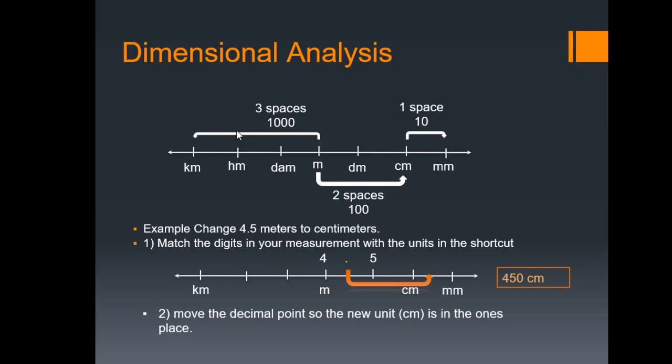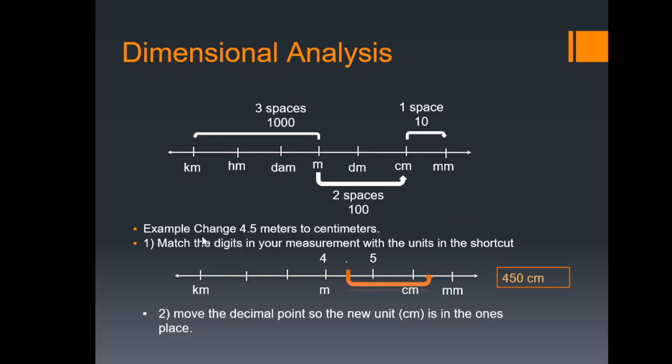If you're going up to the higher ones, to the bigger numbers, you have to think about it. If we go to the left, those are our bigger numbers, and that's when we move the decimal point to the left. If we move it to the right, we get to the smaller units, and that's why the number gets bigger. I will also show you a way to do dimensional analysis if this is not working, which is just fine, okay?